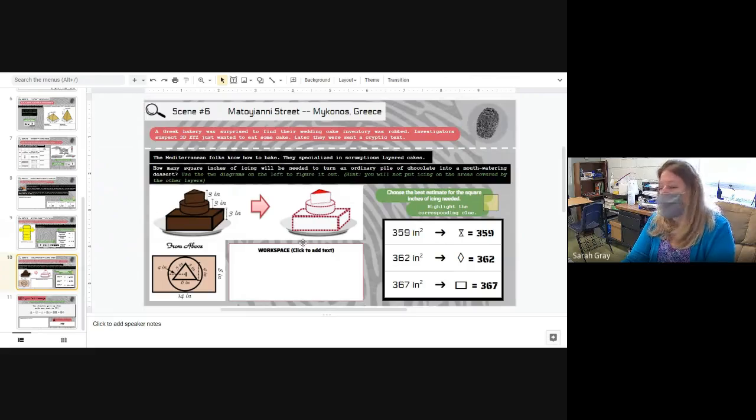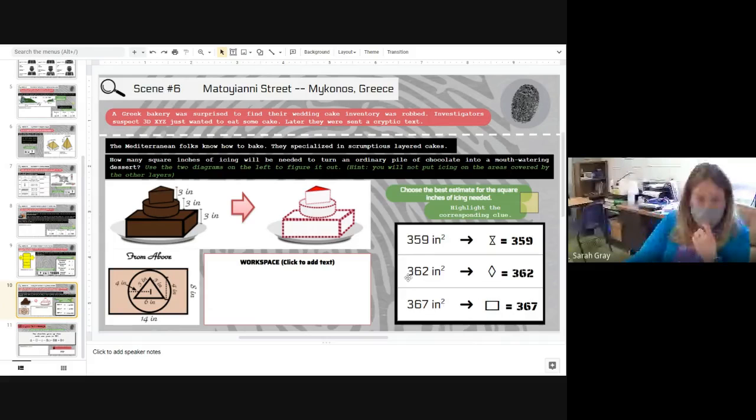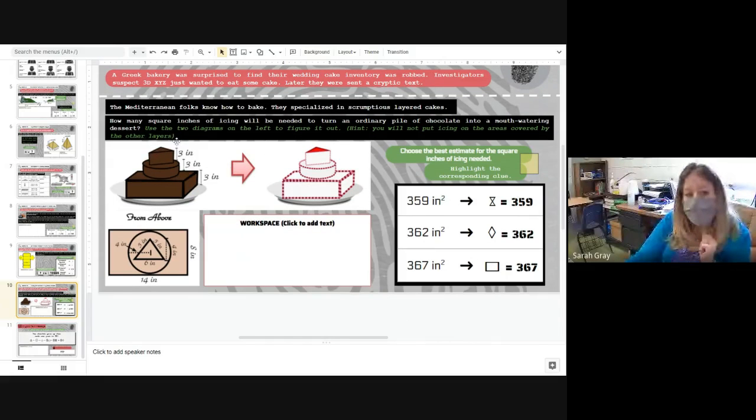The cake one is probably my favorite slide. The answer is the 367. But if you notice, there's a super easy way to do this. You had to find the lateral area of each of the three shapes, because we were going to frost the vertical sides of all three shapes. But then the tops, you didn't have to figure them out individually. You just had to figure out the one rectangle.